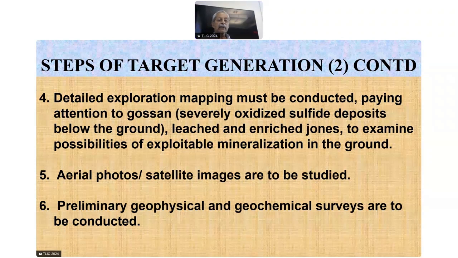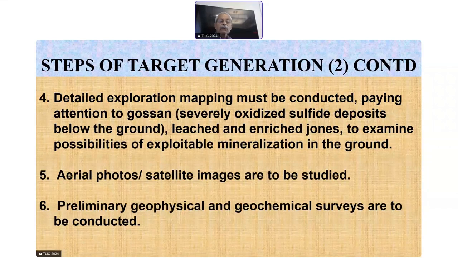Sulfide deposit, let me make one thing clear. When I say copper ore, it doesn't occur like just a bunch of copper patches or veins. What we are looking for is copper sulfide, which is chalcopyrite. If the exploration is for zinc, it is sphalerite, zinc sulfide.